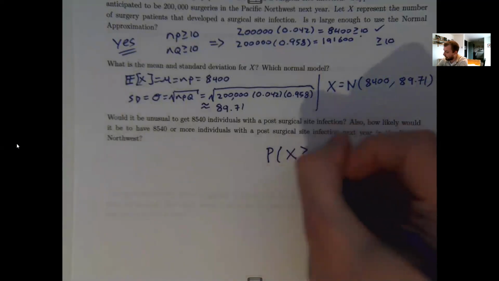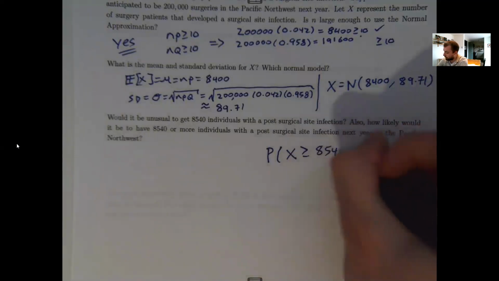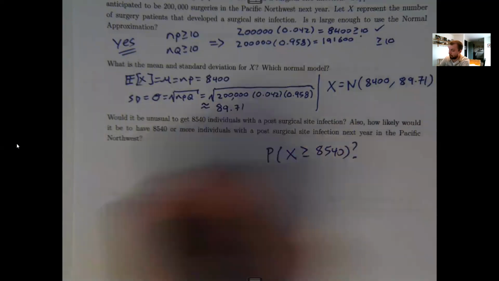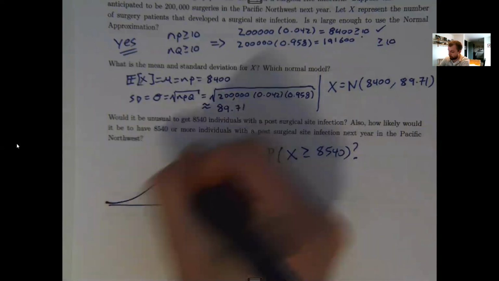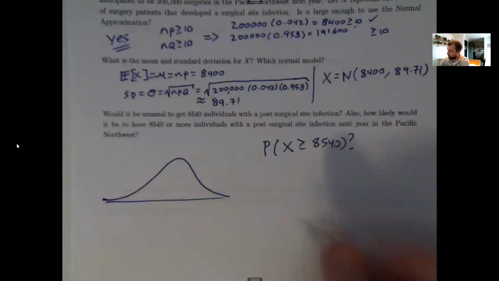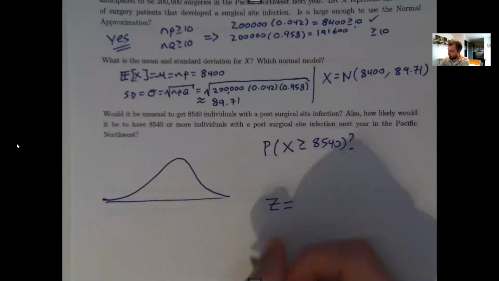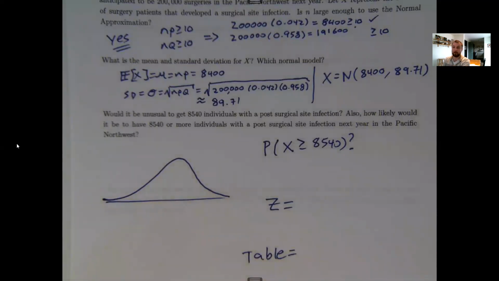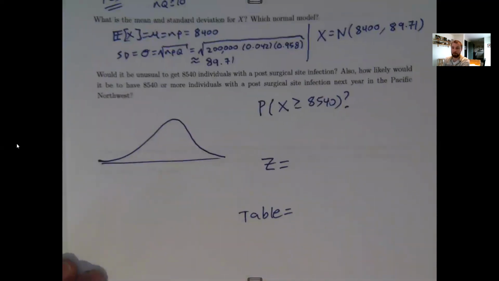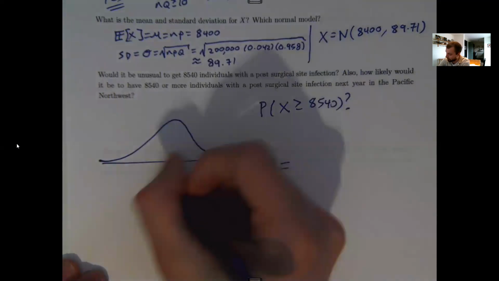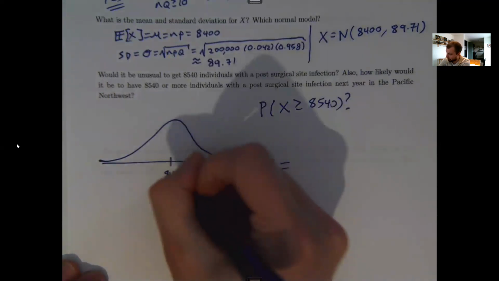So I'm looking at 8,540 or more. I'm going to draw a picture. I'm going to find my z-score. And then I'm going to look that z-score up in my table. Drawing my picture, just as a rough guide, my center is 8,400.